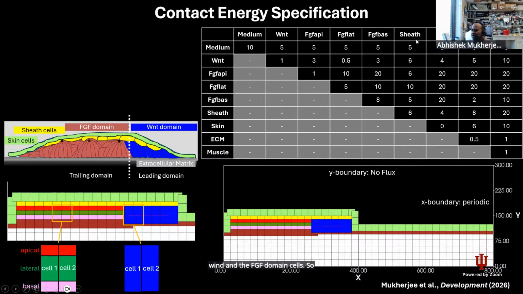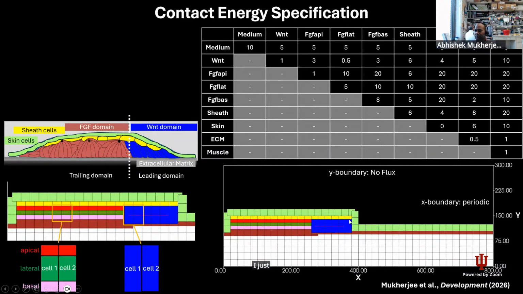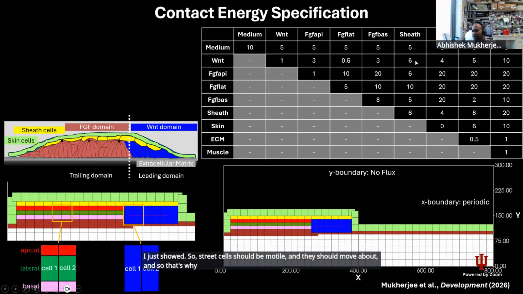So we have relatively higher contact energy between Wnt and sheath cells, so that the sheath cells are able to migrate about, which you also saw from one of the movies that Ajay showed. So sheath cells should be motile and they should move about, and so that's why we didn't want a high adhesion between the sheath cells and the other kinds of cells.